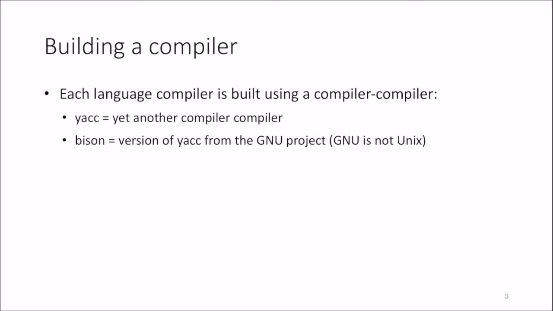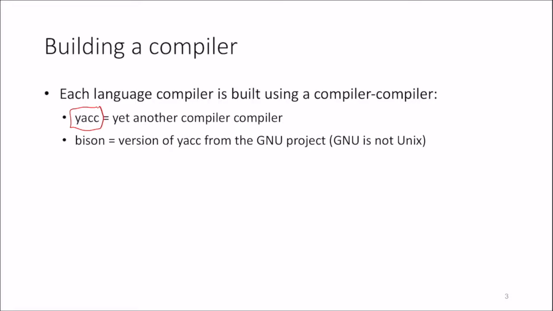So the compiler tools that have been studied and built are called compiler compilers. This idea of using a compiler tool to build a compiler is what we're going to exploit in this course. The most famous one is called YACC, which stands for Yet Another Compiler Compiler.